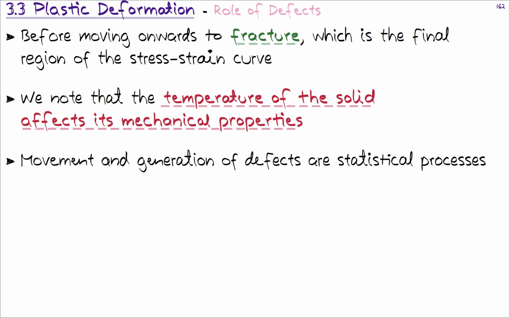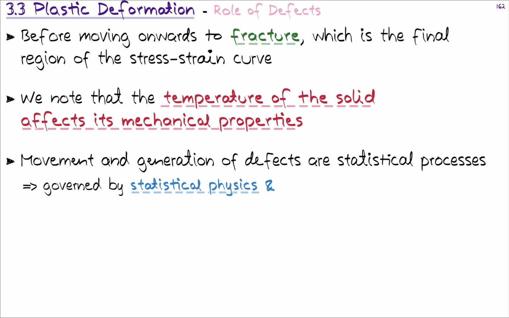These processes are actually statistical in nature. There are a lot of defects in a solid, and the only viable approach to tackle this problem mathematically is to use statistical analysis, so statistical physics and thermodynamics.